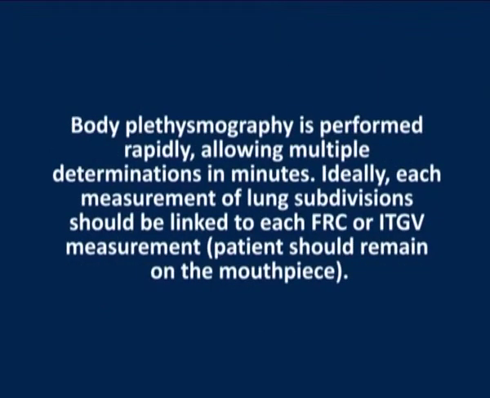Body plethysmography is performed rapidly, allowing multiple determinations in minutes. Ideally, each measurement of lung subdivisions should be linked to each FRC or ITGV measurement. Patient should remain on the mouthpiece.